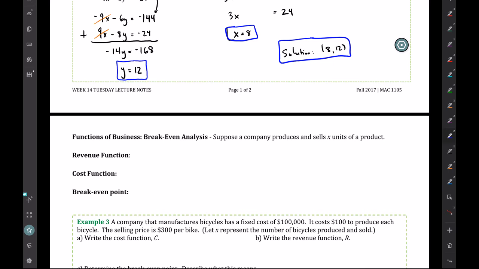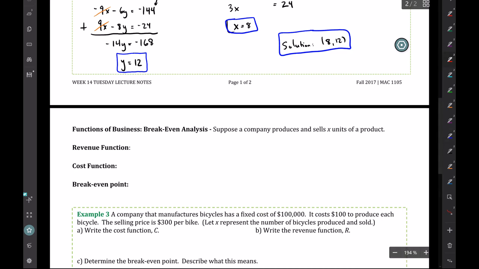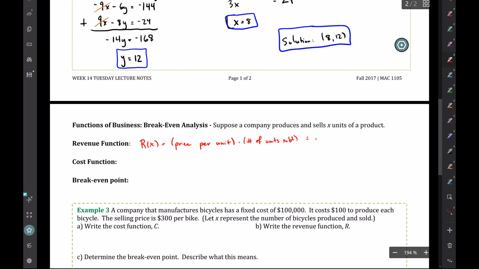And so remember that your revenue function R of x is just going to be the price you can charge for each unit, so price per unit times number of units sold. And typically the number of units you're selling is your variable x. Okay, so it's price times x.